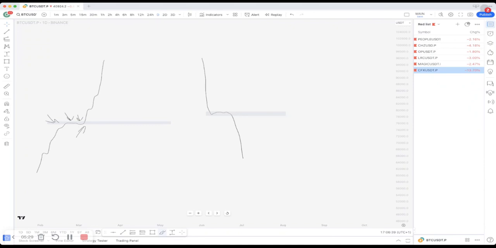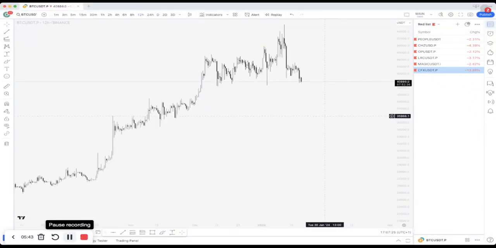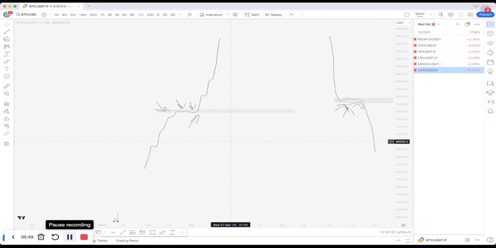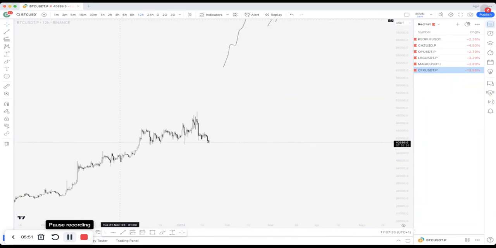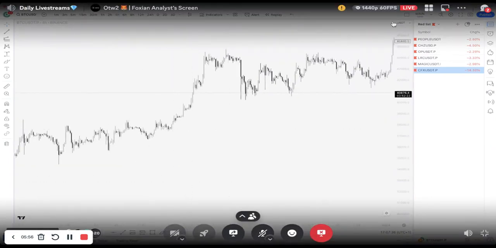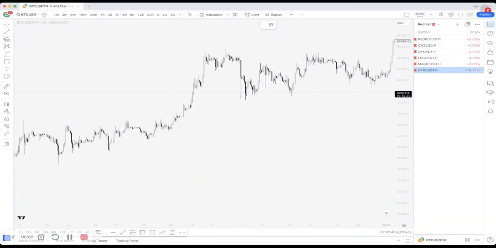And this is just a very basic example. We see a push up, push up, this consolidation, another push up, this consolidation.